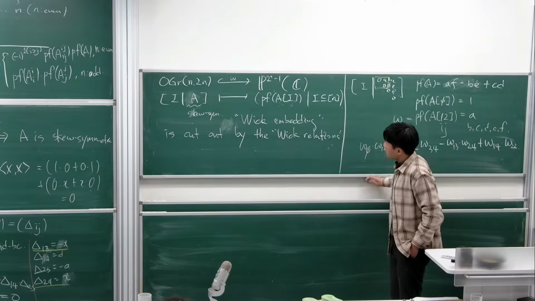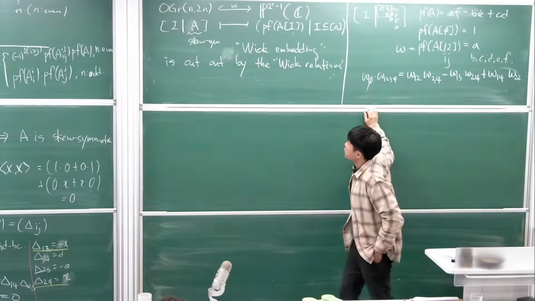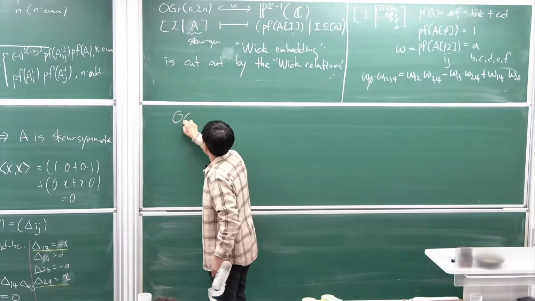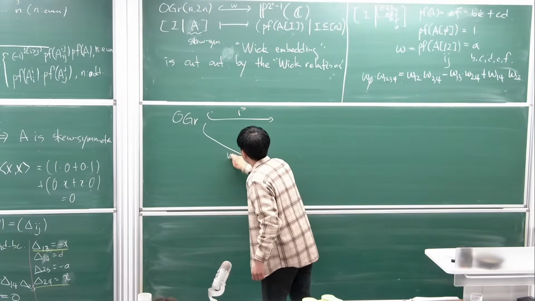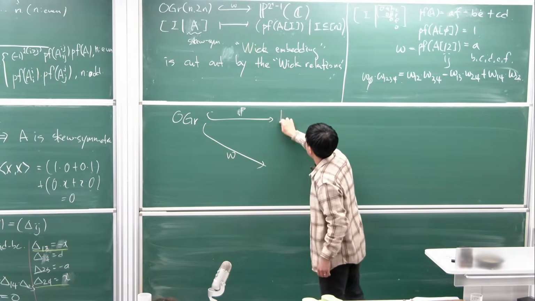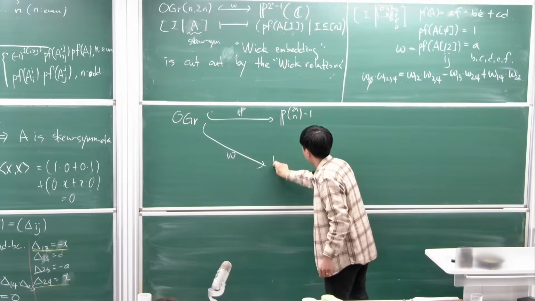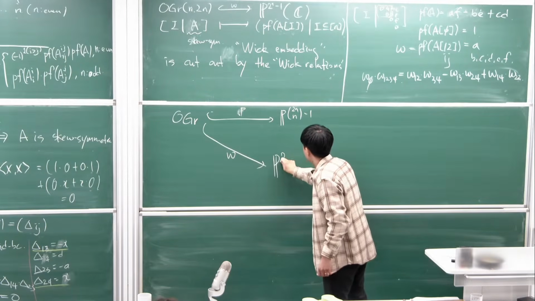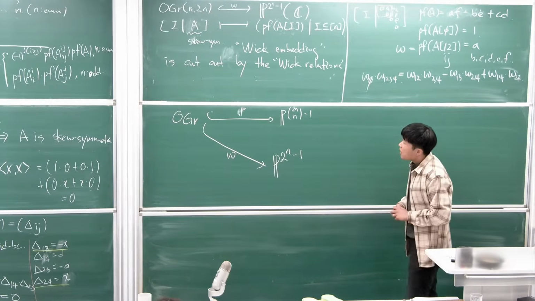So in the big picture, we have two embeddings of the orthogonal Grassmannian. One is from the Plücker relations, and the other comes from the Wick relations, the Wick embedding. One is embedded in a 2n choose n minus 1 dimensional projective space, and the other is embedded in the 2^n minus 1 dimensional projective space.